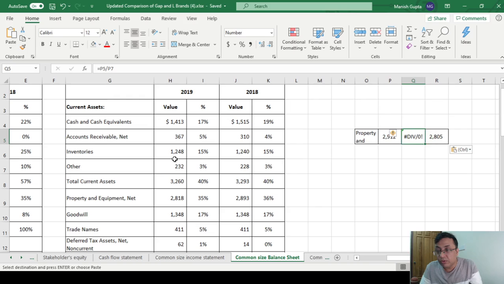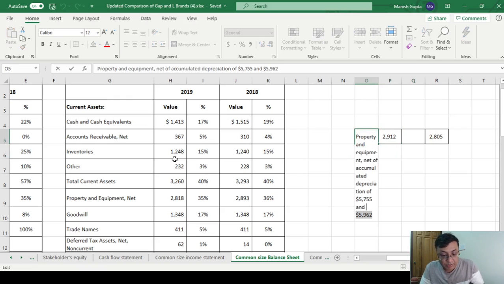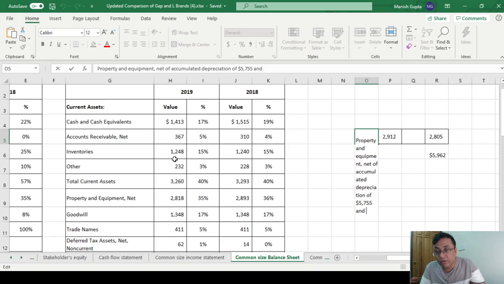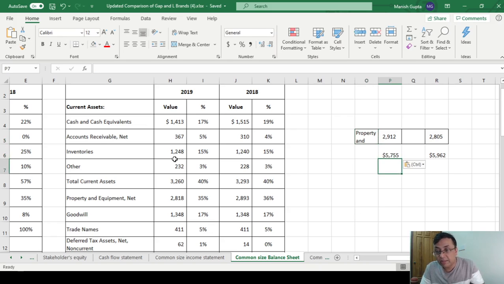So the depreciation in this year is about 5,962, and the depreciation in the previous year is about 5,775. The total fixed assets are actually 8,600 and 8,700, right?